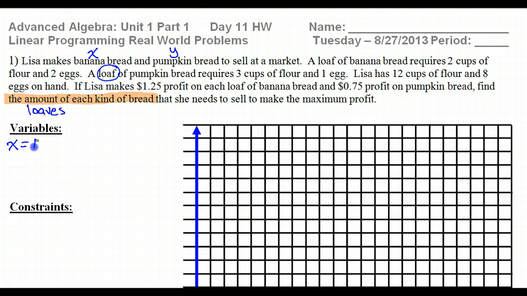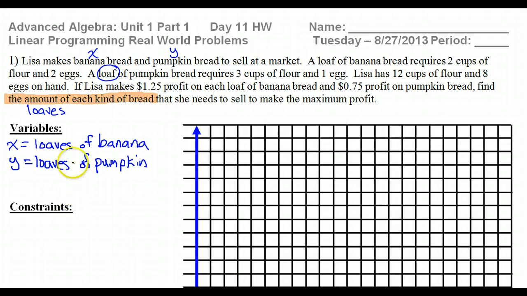Let's let X be loaves of banana bread, and we'll let Y be loaves of pumpkin bread. It's important to be as specific as you can with your variables. It will help you later.